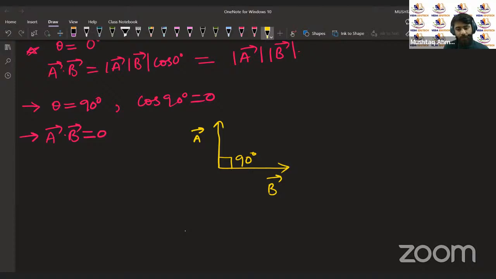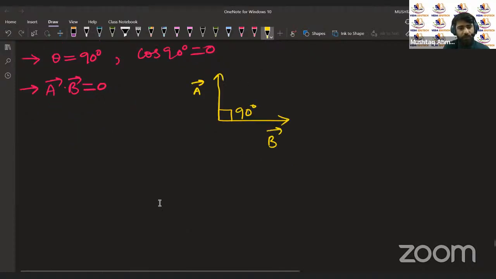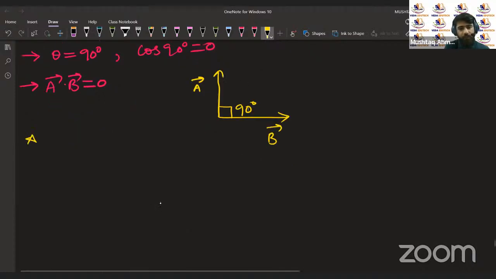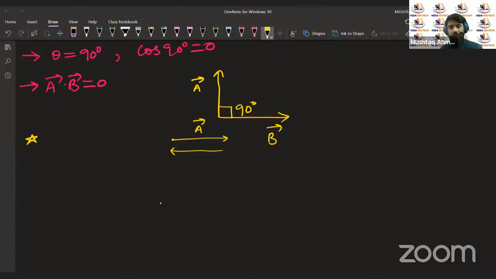And let's suppose that the two vectors A and B are anti-parallel to each other. They are anti-parallel like this. This is A vector and this is our B vector. So the angle between them is equal to pi or 180 degree.